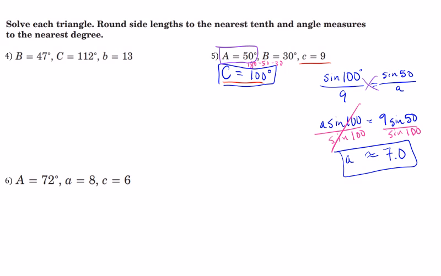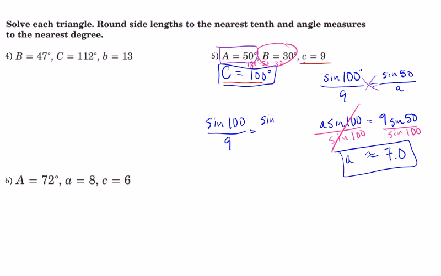All right, and then last I need to find side B. I know all the angles A, B, and C. I know side C was given and side A we just found, so now I need to find side B. I'm going to use sine of 100 over 9 again, but instead of sine of 50 over A, now I'm going to do sine of 30 over B. I use sine 100 over 9 because those are the opposite pair that we know exactly.